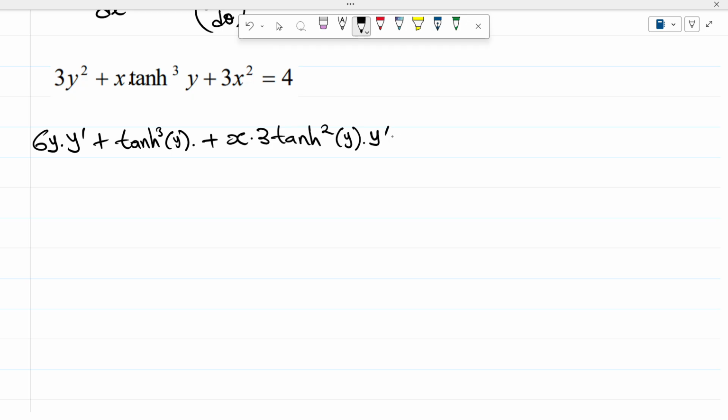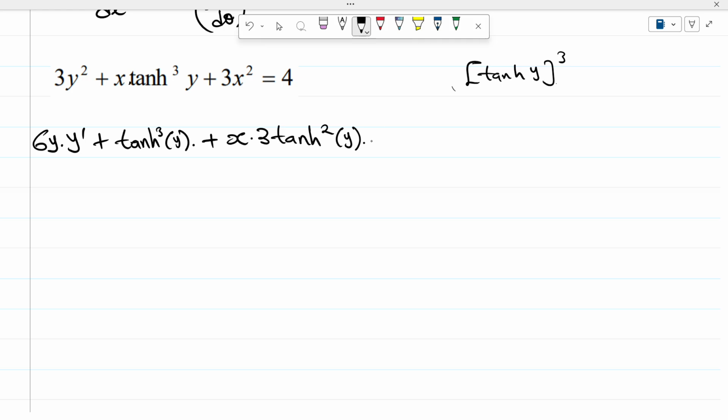Of course, that's going to be y prime, and then plus, oh, before that I have to know that hyperbolic tan cubed of y is the same as hyperbolic tan of y, cubed. So we started by differentiating these outer brackets to get 3 hyperbolic tan squared of y. So we should get inside and differentiate tan again.